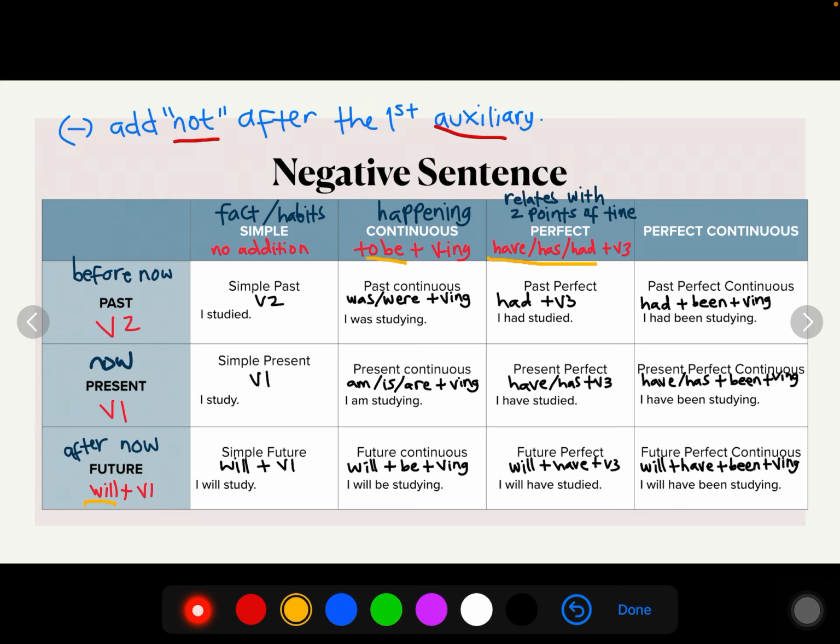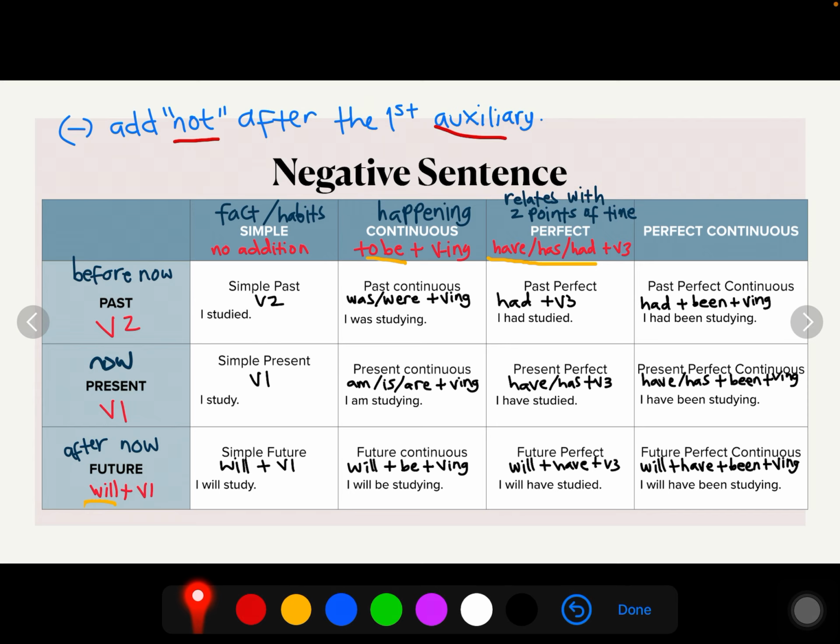So, for example, this to be helps the main verb change into continuous tense, and this have or has or had helps the main verb, the verb 3, change into a perfect tense, and so does will change this verb into future tense. Jadi auxiliary itu adalah kata kerja, bagian dari kata kerja yang membantu kata kerjanya berubah menjadi tenses tertentu.